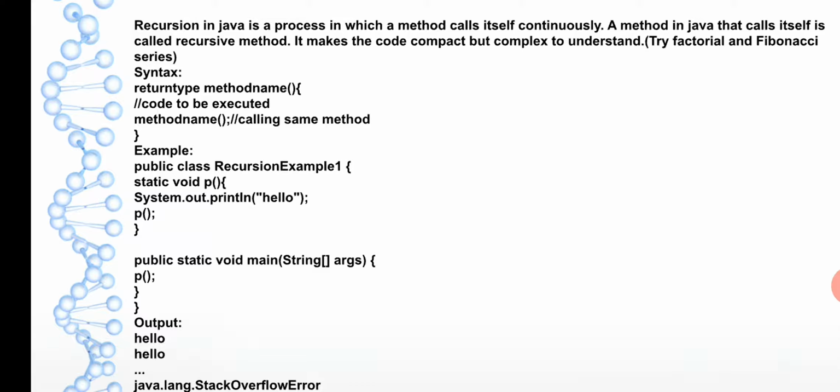It makes the code compact but complex to understand. Whenever you go for looping, or for a structure which calls itself, it is easy for the system to process, but at the same time it is very difficult for a normal person to understand, because it looks somewhat different to digest.